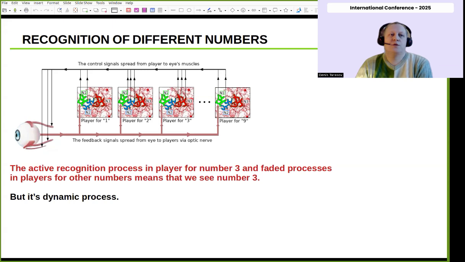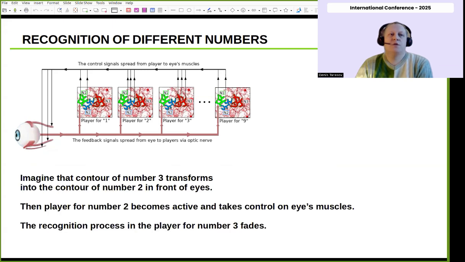But it's a dynamic process. Imagine that the contour of number 3 transforms into the contour of number 2 in front of the eyes. Then the player for number 2 becomes active and takes control of the eye's muscles. The recognition process in the player for number 3 fades.